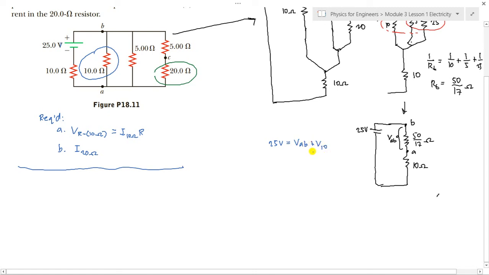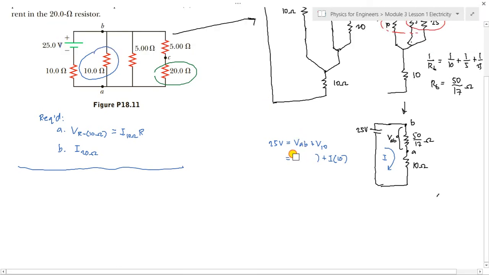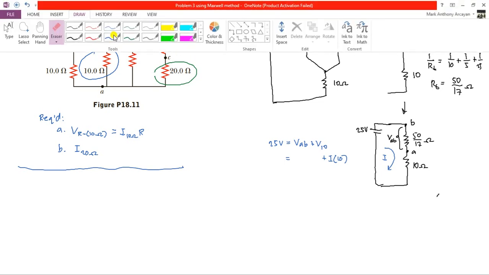VAB can be expressed as I times 50 over 17, plus the voltage at the 10 ohm is I times 10. But since we are after VAB, VAB is what we will find.